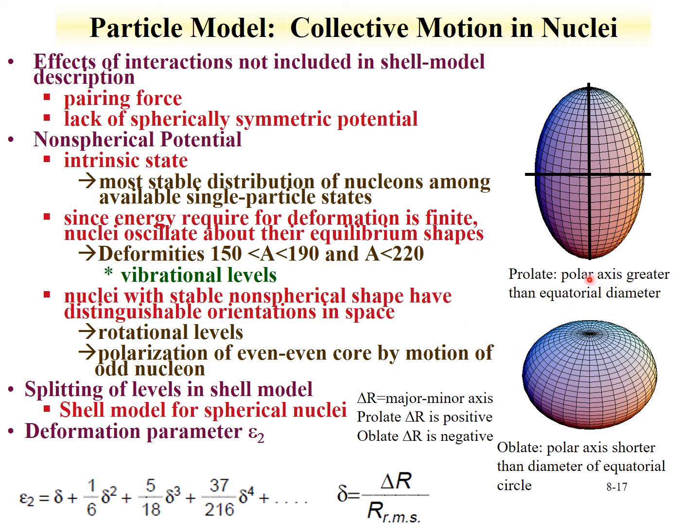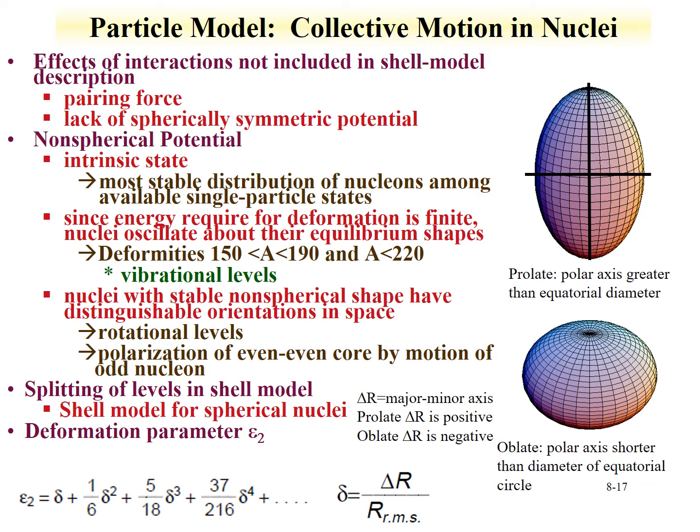The prolate, the polar axis is greater than the equatorial diameter, and the oblate is opposite. So for the axes that are defined here, shown here, the prolate nucleus, or the similar ones in the oblate. So the oblate, this X would be larger than the Z, whereas it's opposite for the prolate.